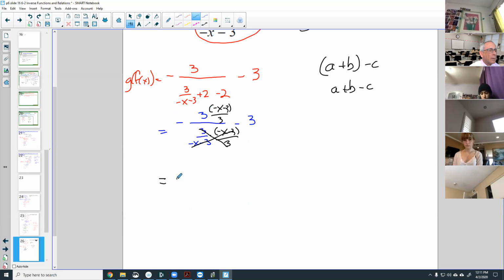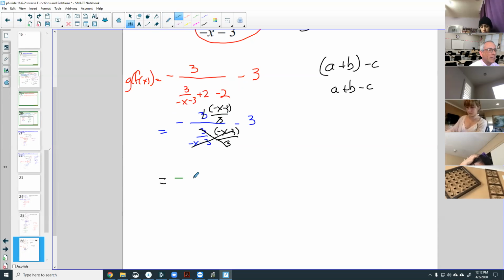Is it negative 3x? Okay, so first, I still have this negative sign over here. So you're going to go negative 3x. Wait, can you cancel out the 3's? Yeah, I think that's a little bit better. That makes it much easier, right? Right, so I'm going to cancel out my 3's right there.